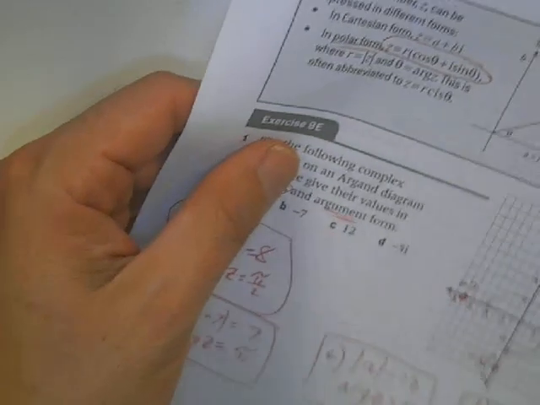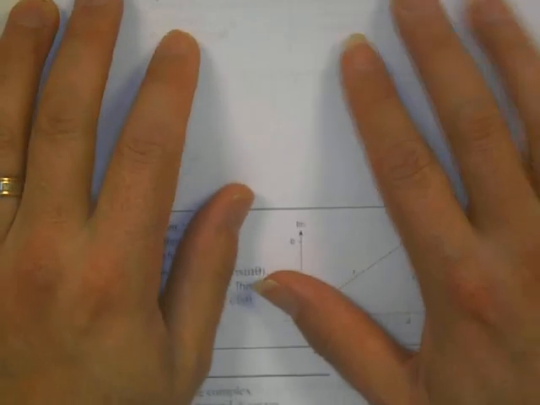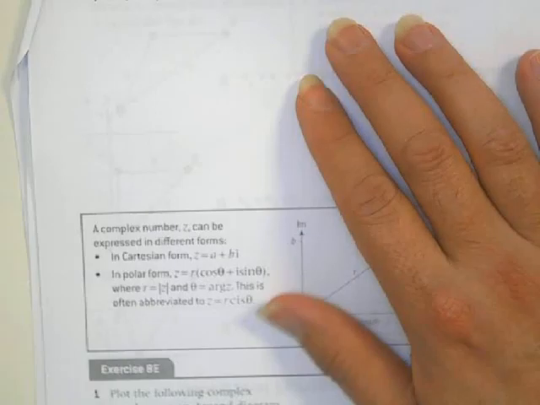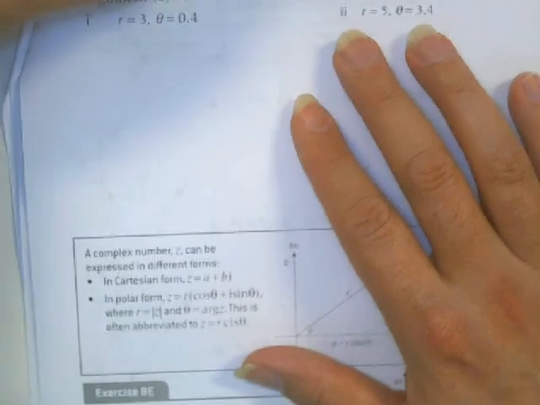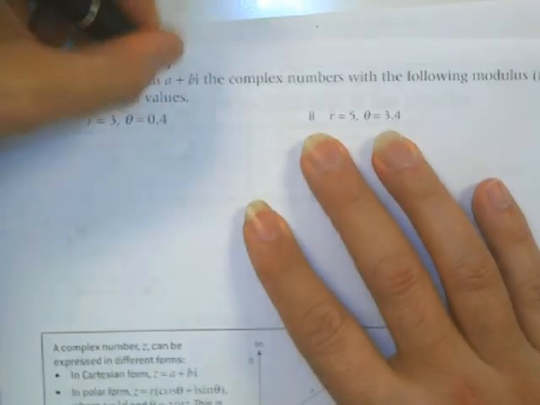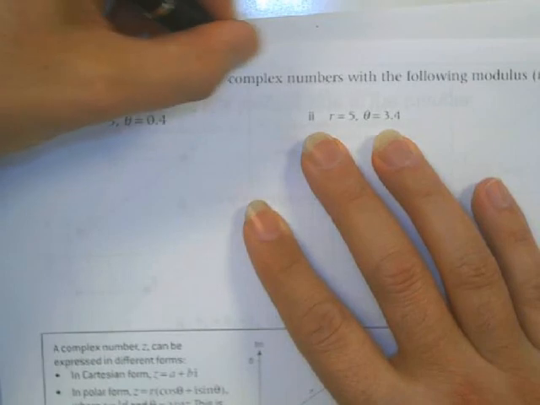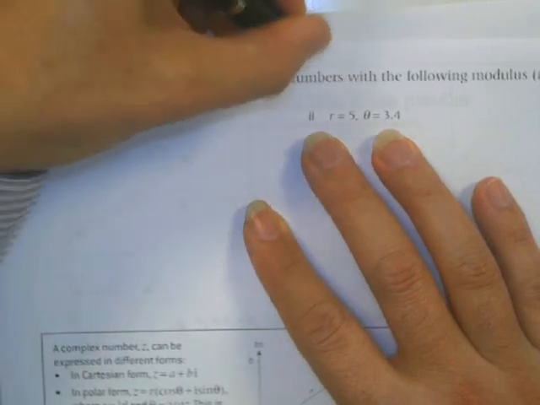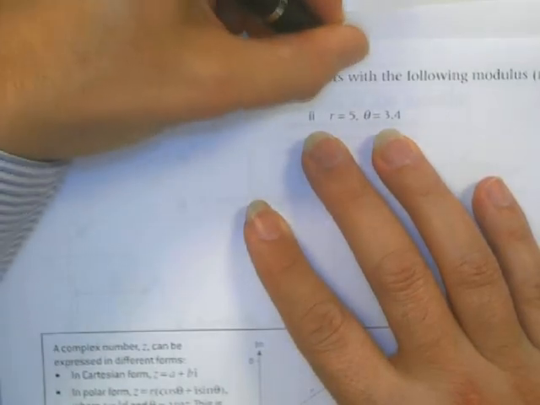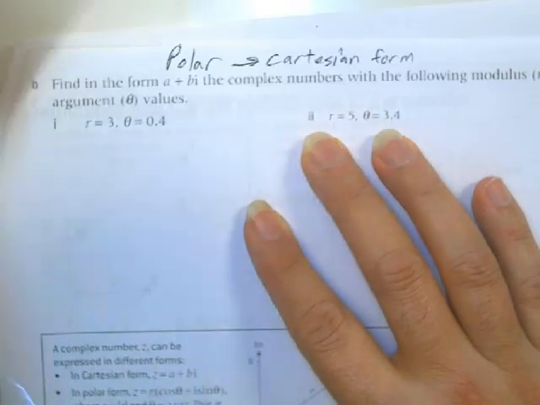So now we're going to convert it from polar form to Cartesian form. Okay, so they've given you this information.